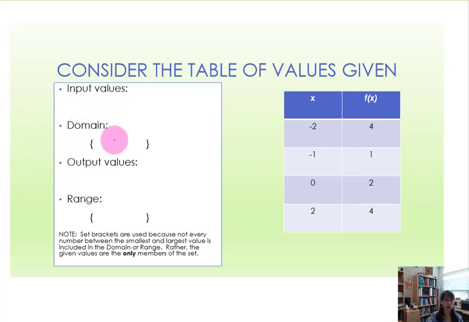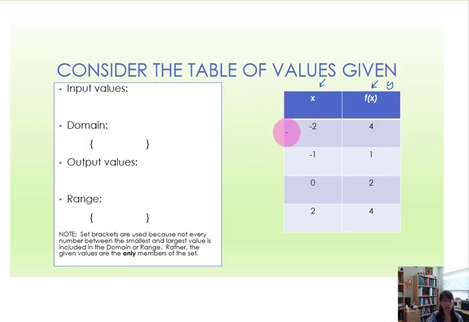So we're going to consider the information that's given in the table. Notice we have x, that's the first component, and f of x is the second component. F of x is also known as our variable y. So if we're looking for input values, we're simply making a list of all the values that x could assume.